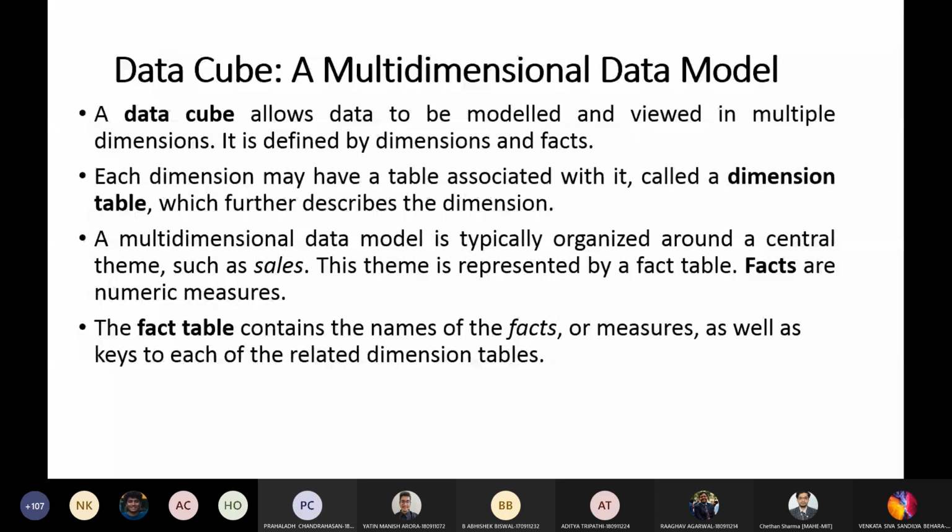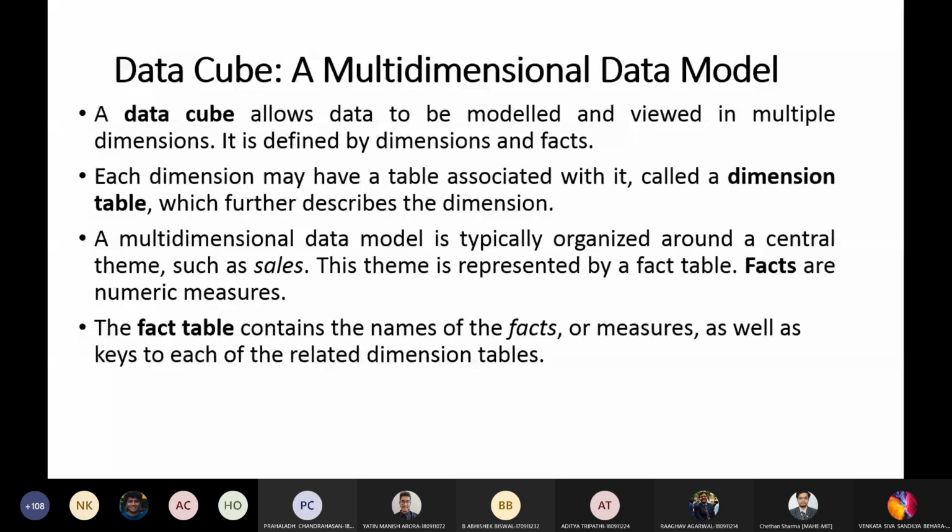If you consider a data warehouse where all the records are stored in terms of sales. Okay. So this data warehouse is used to store records with respect to the sales subject.